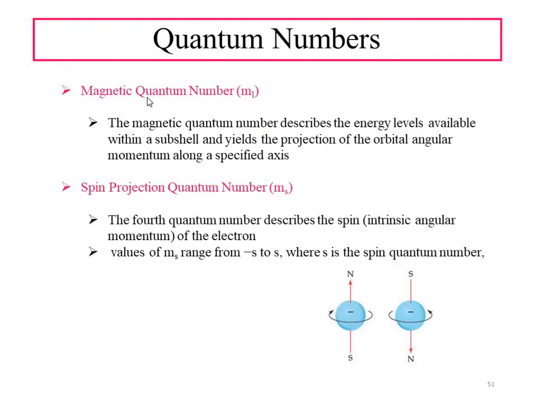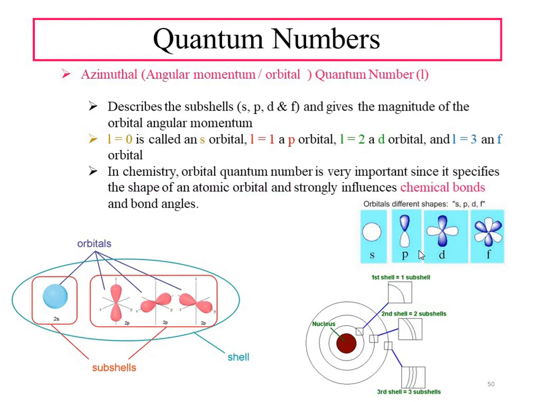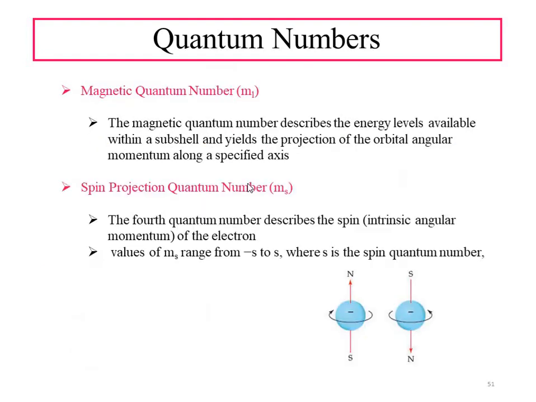The next one is known as the magnetic quantum number. The magnetic quantum number describes the energy levels available within a subshell. Subshell means s, p, d, f. These are subshells. It yields the projection of the orbital angular momentum along a specific axis.